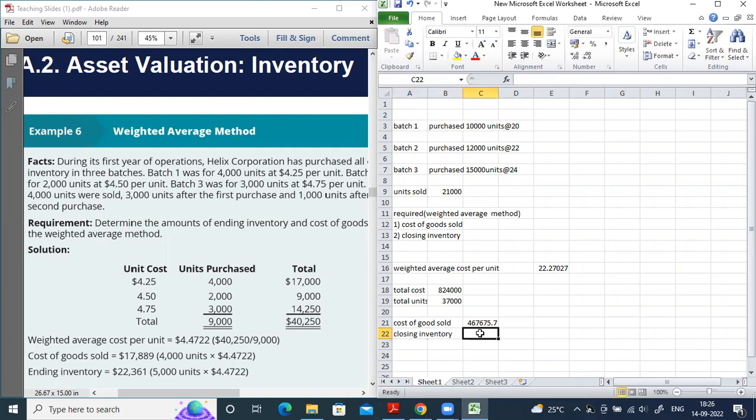What is the closing inventory here? 16,000, which is 37,000 minus 21,000. So 16,000 into 22.27027, the closing inventory would be 3,56,324.3. So this is the procedure for computing the weighted average method. I hope participants it is clear. Any questions on this? No, sir.